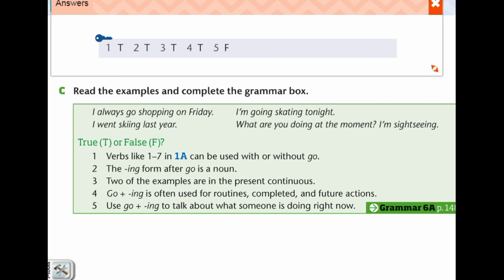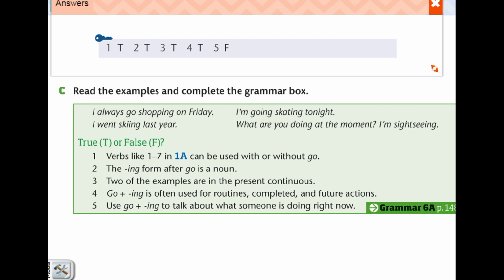Number one, the verbs like in the audio that we listened to in the exercise 1A can be used with or without go. Do you remember the verbs? Bowling, hiking, fishing. They can be used with or without go. Can I say I fish and I go fishing? Can I say I run and I go running?